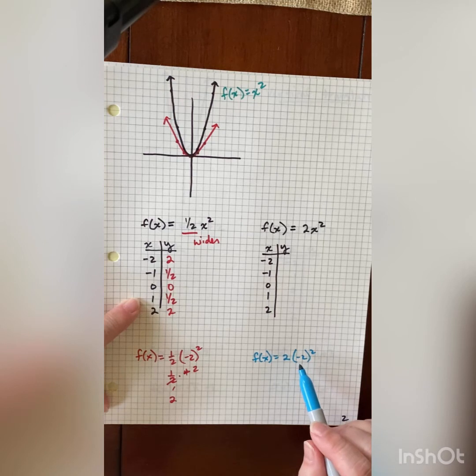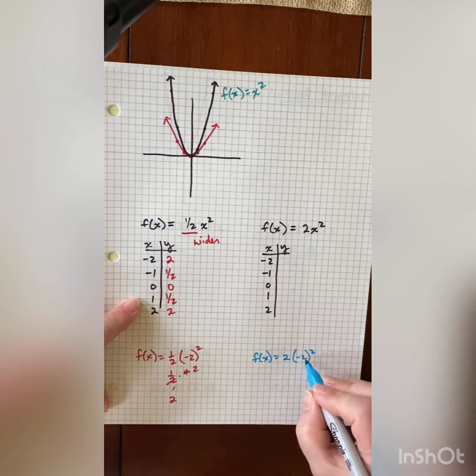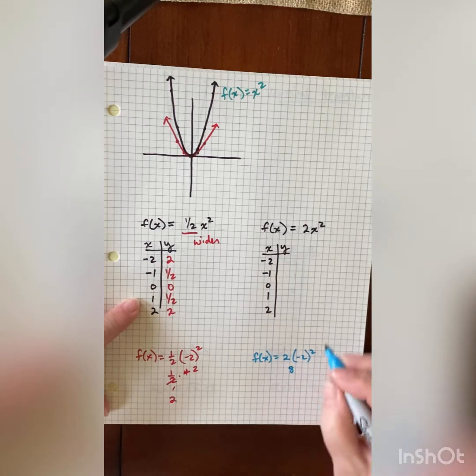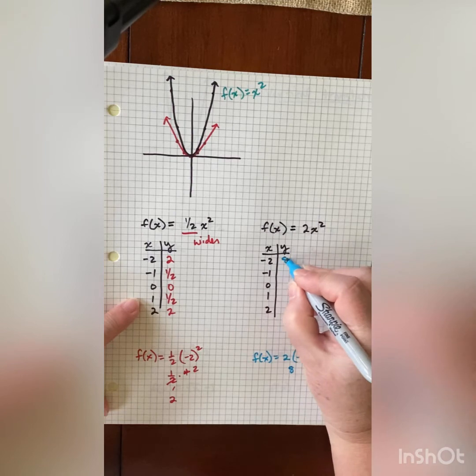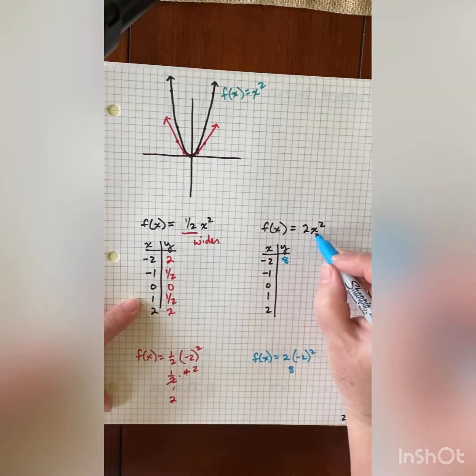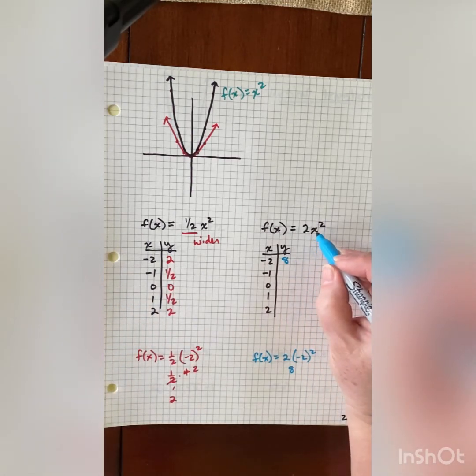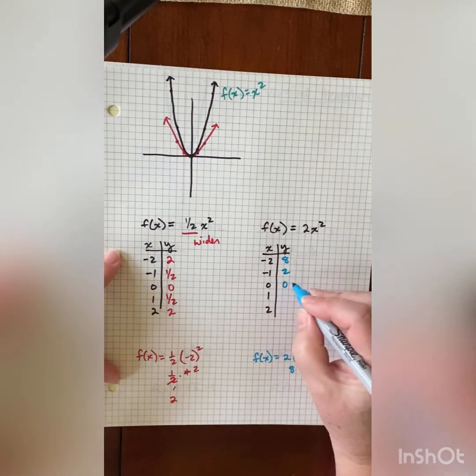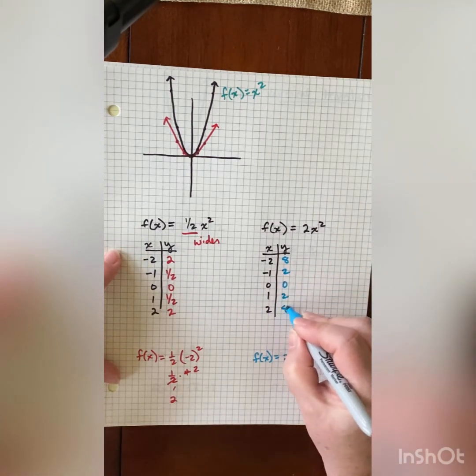So -2 squared will give me a +4, and that 4 times that 2 is going to give me an 8. So that is an 8. Put a -1 in there, square it, I'll get a 1 times the 2. It's 2. A 0 in there will be 0, and this will be 2, and an 8.